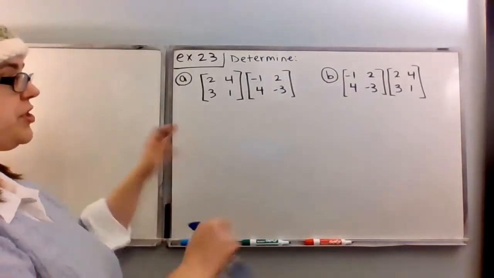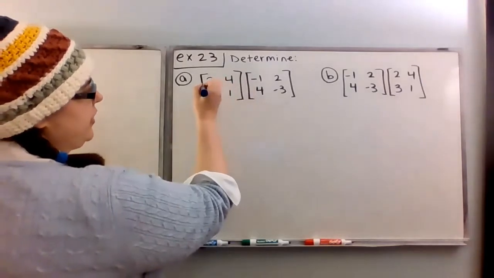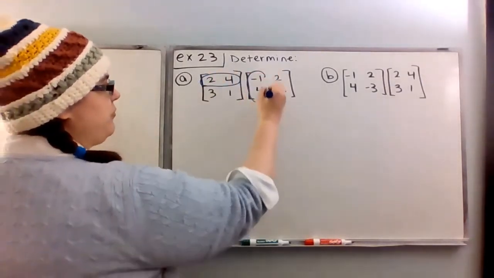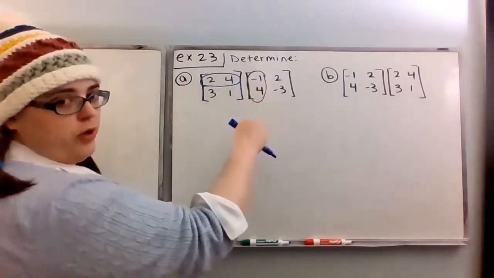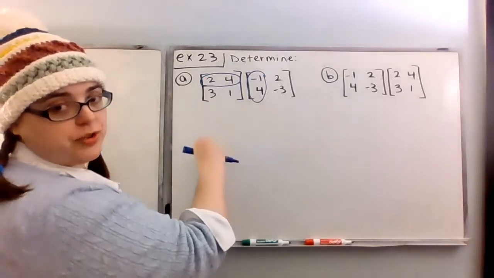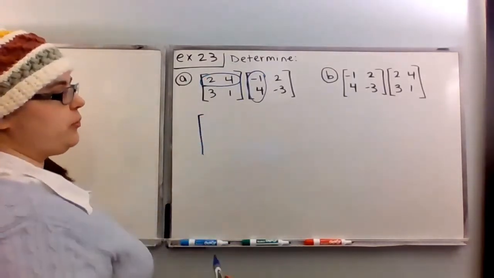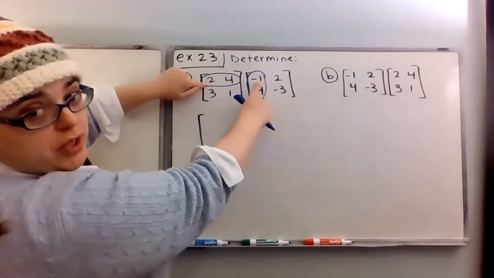So for these first 2, we're going to multiply following this first row and this first column. Because we're doing row 1 and column 1, this is going to be the 1-1 entry of our product. The way we do this is we take the first entry in each of those and multiply them.